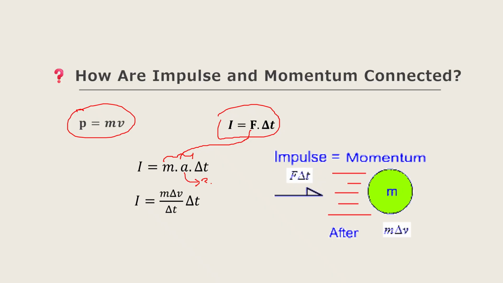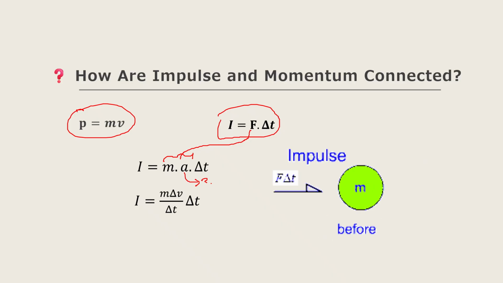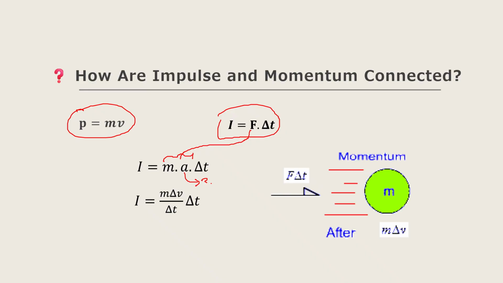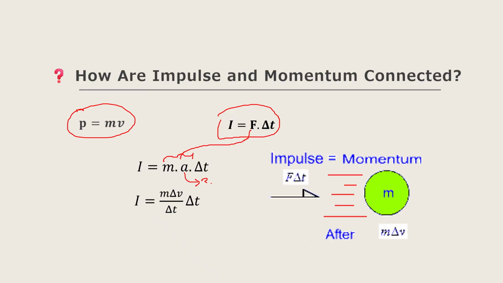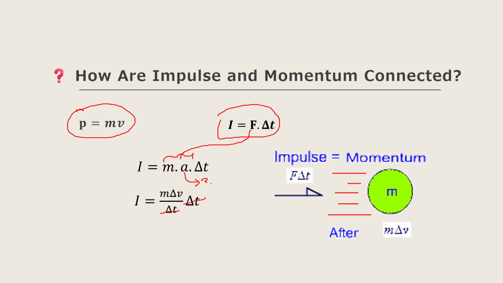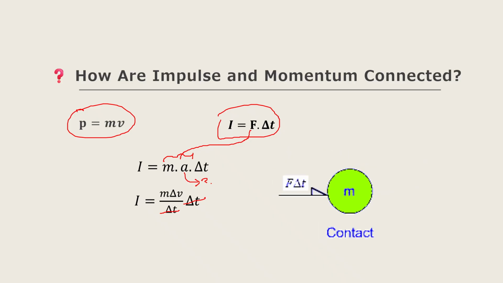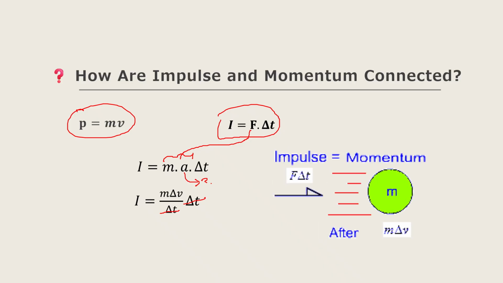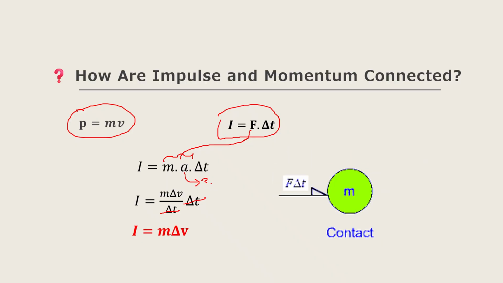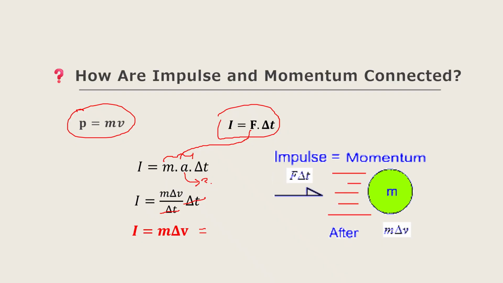Now if you see here, you have time in the denominator, and in the numerator you also have time. If you have time in the numerator and also in the denominator, they will cancel out each other, and you will get impulse is equal to mass times the change in velocity, and this is equal to the change in momentum.